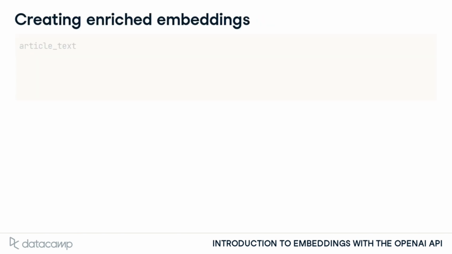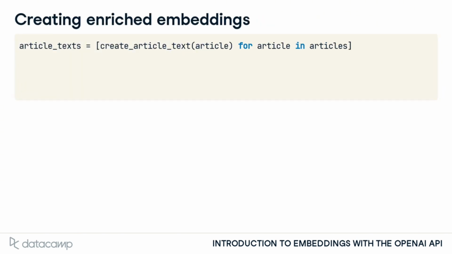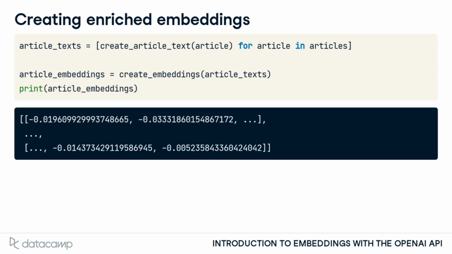To apply the function and combine the features for each article, we use a list comprehension, calling our function on each article in articles. Finally, to embed these strings, we call the createEmbeddings function on the result. Recall that this creates a list of embeddings for each input using the OpenAI API.